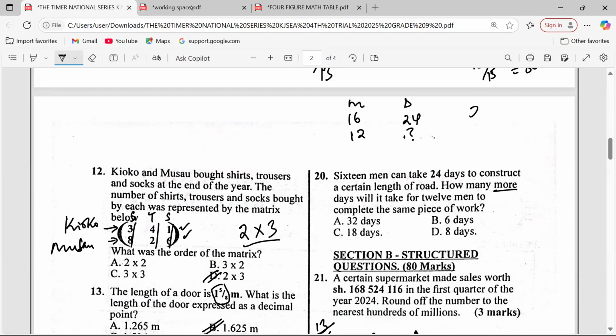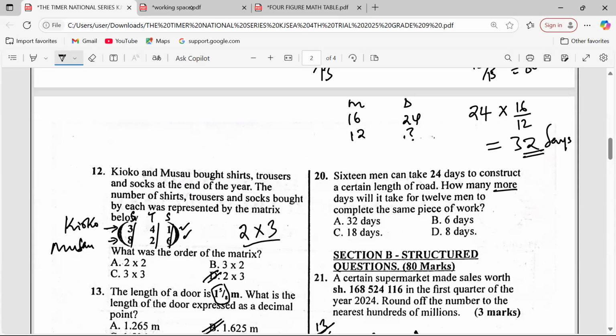So let's check how many days for the same work will 12 men work. So we talk about 24 days, and now we are varying these days using the number of men. 16 men require 24. 12 men shall require more. So it will need 16 over 12. So 24 by 16 out of 12. This gives us 32. These ones will require 32 days.